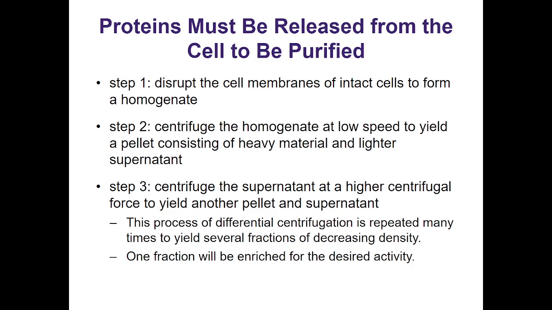Faster you spin it, the smaller the things that will come out in the pellet. Okay? This is why they have the high-speed ones, by the way, in the downstairs, where we have much lower speed ones. You could do the low-speed ones we have for the initial heavy stuff, but the lighter stuff you wouldn't be able to get out with what we have.